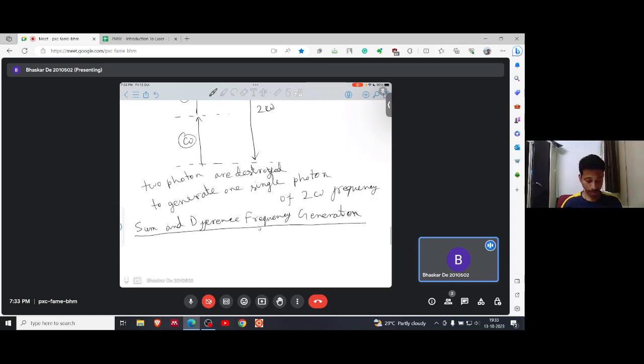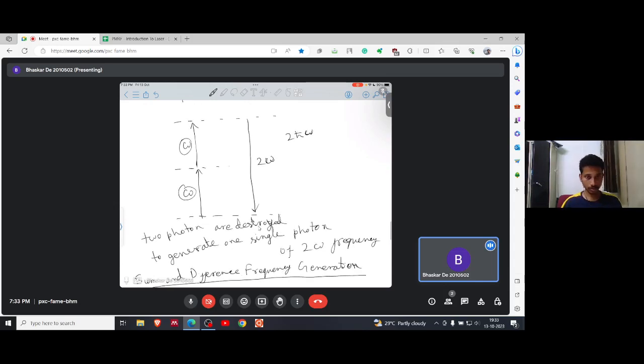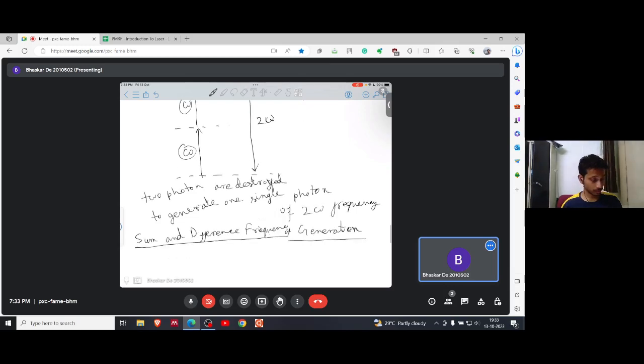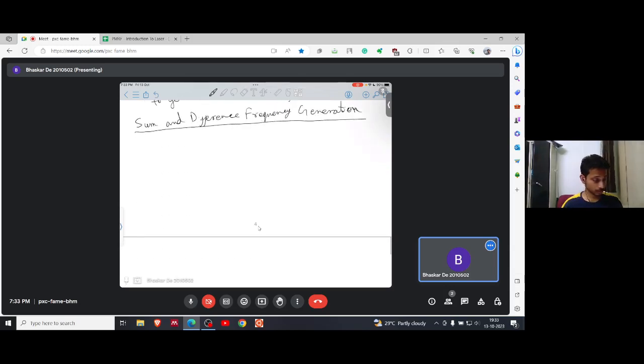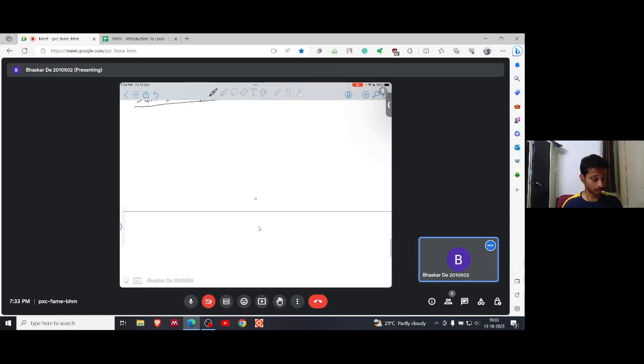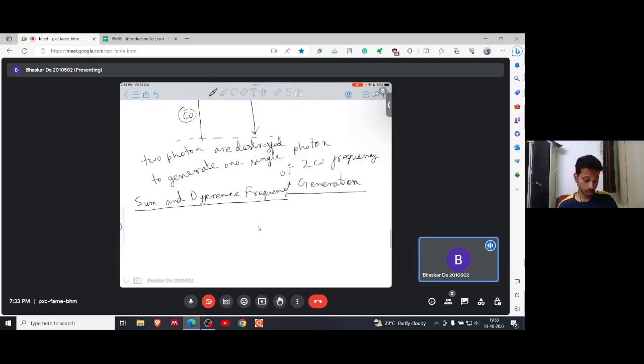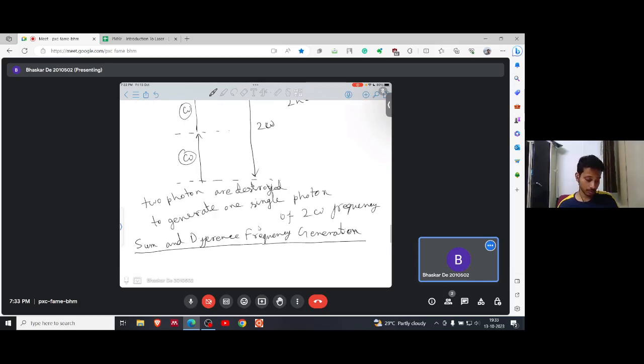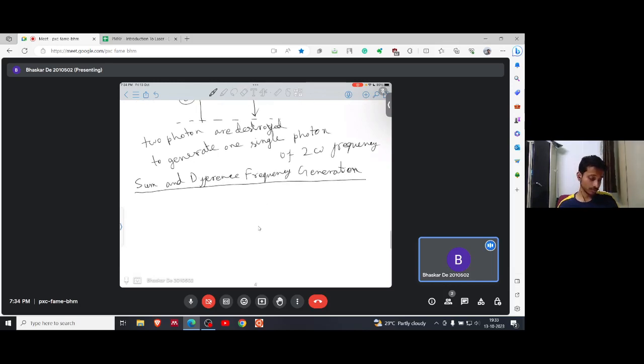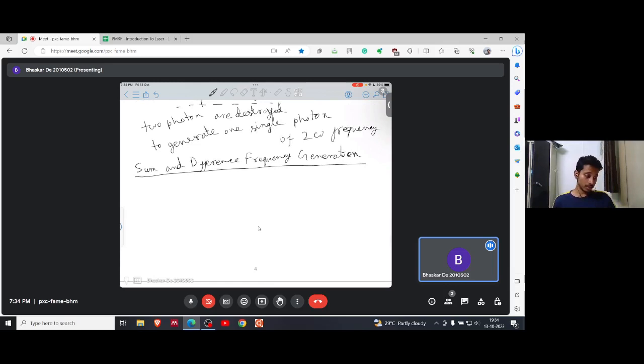In the previous discussion we were talking about two photons being combined and giving one photon of a double frequency, but there the two photons have the same frequency omega. What will happen if we have frequencies omega 1 and omega 2?